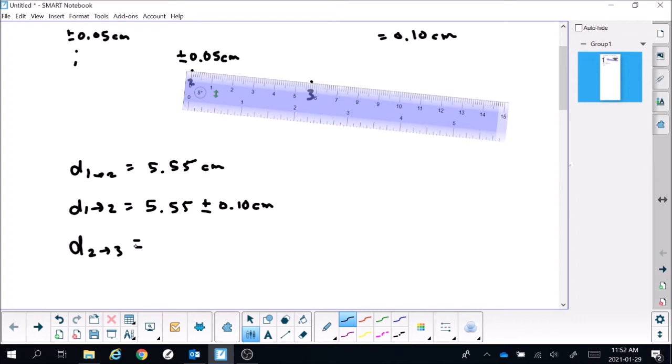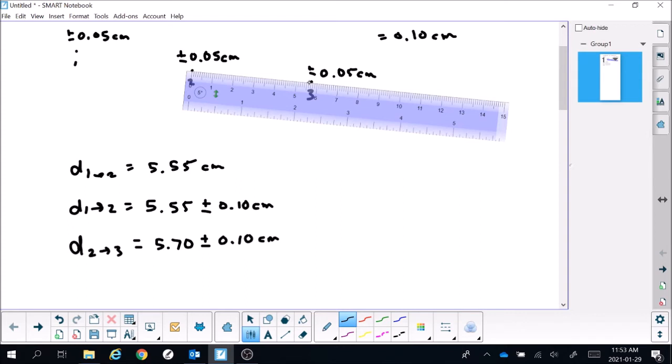I don't know if it's on the line or if it's in between the lines. I'm going to say that it's on that line. You may disagree with me, but that's why we have uncertainty. So I'm going to say that that is 5.70 plus or minus 0.10 centimeters. Once again, I have uncertainty on this measurement right here, so I have to add together the uncertainty on both the leftmost point and the rightmost point.